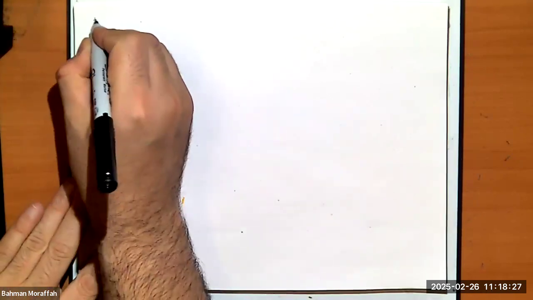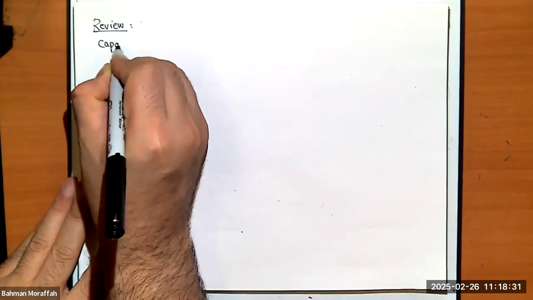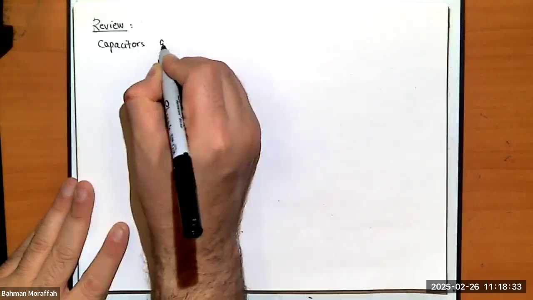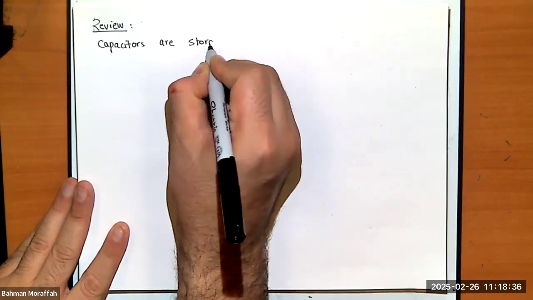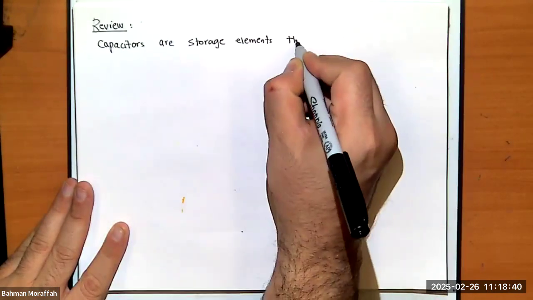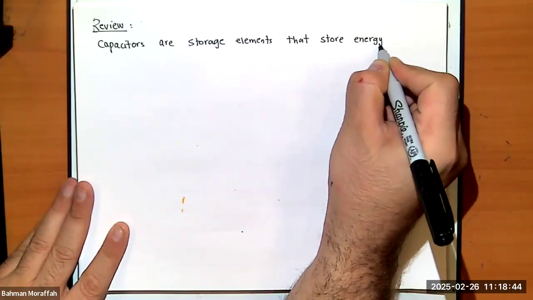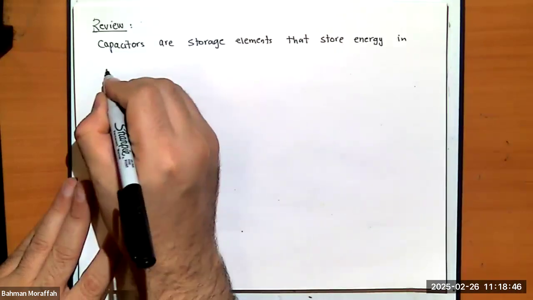So let's say I have a capacitor. So this is review. Capacitors are storage elements that store energy in an electric field.